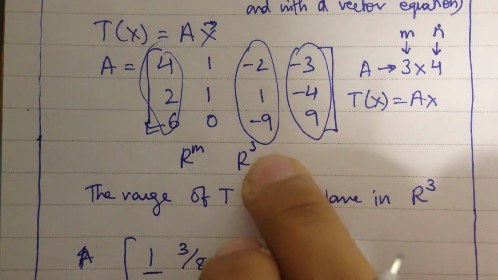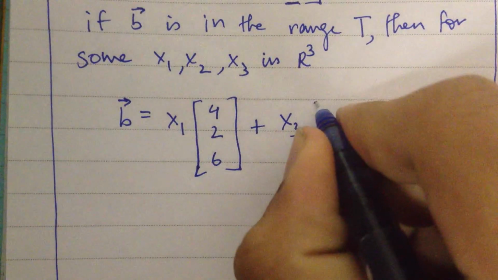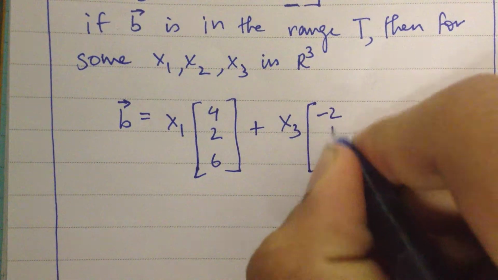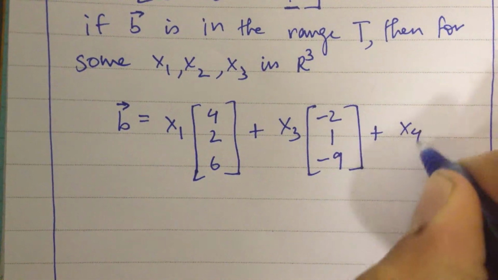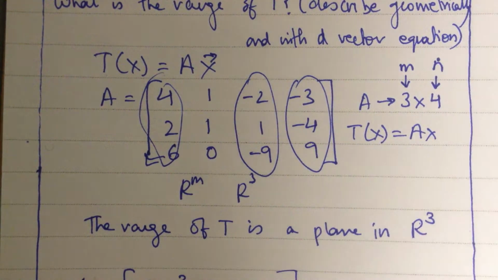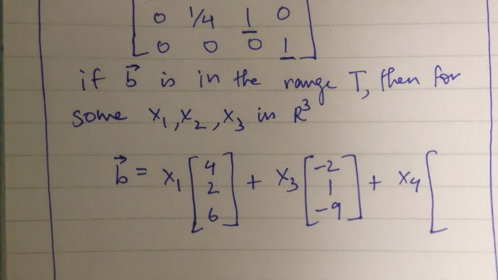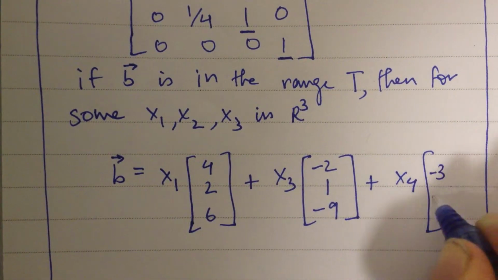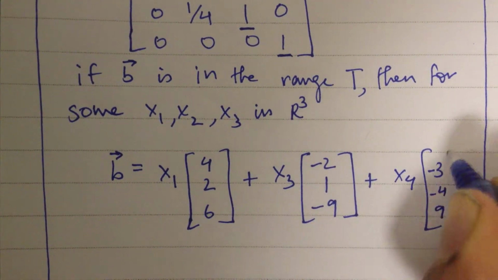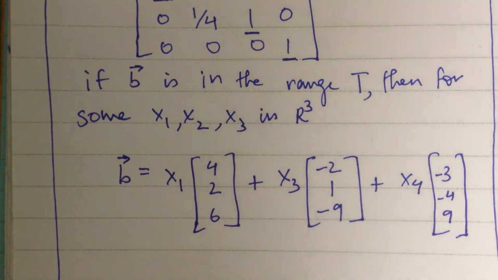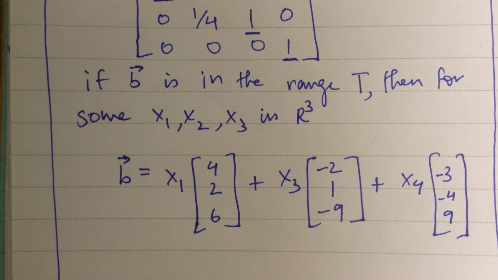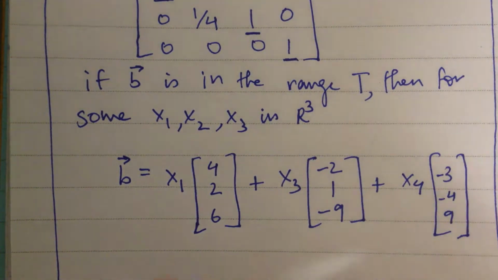So the respective column of x3 is (-2, 1, -9). Plus x4 times its respective pivotal column, (-3, -4, 9).